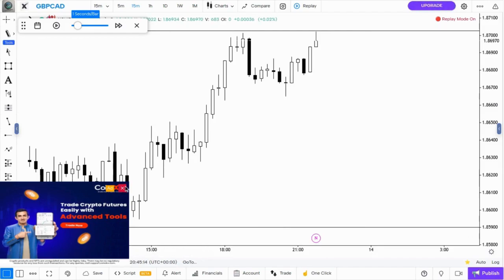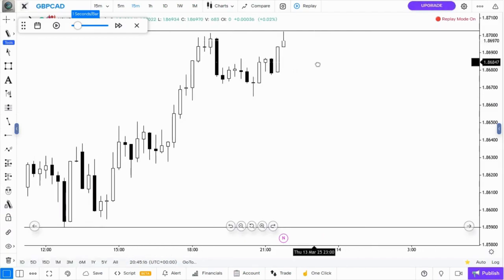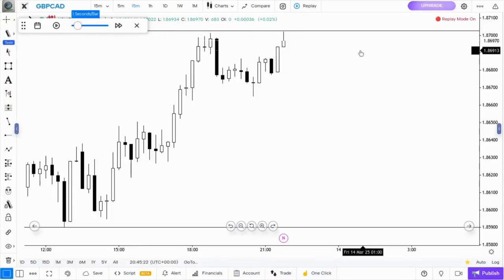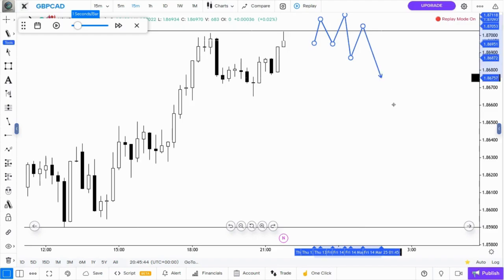So we need to wait for the open of the new daily candle to sweep above and make a change of character to the downside. From there we will short the market to target the daily low, the previous daily low.